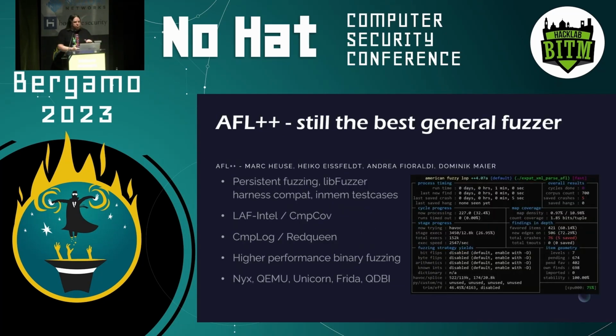So AFL gets talked about a lot because it was the first major progress point 10 years ago. And then eventually that became kind of stable, and it was picked up by some other researchers, Andrea Fioraldi, Marc Heuse, Dominik Maier, and was continually improved with new instrumentation, new backends, new capabilities to solve branches in code in a better way.